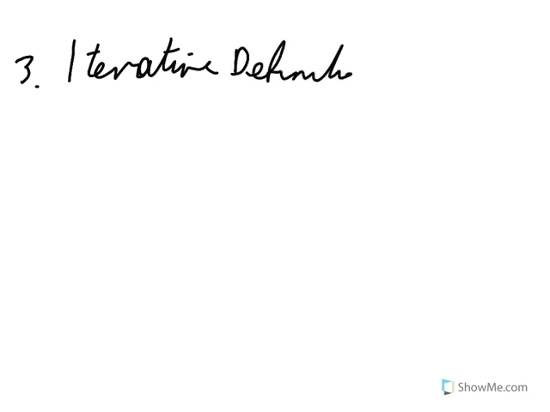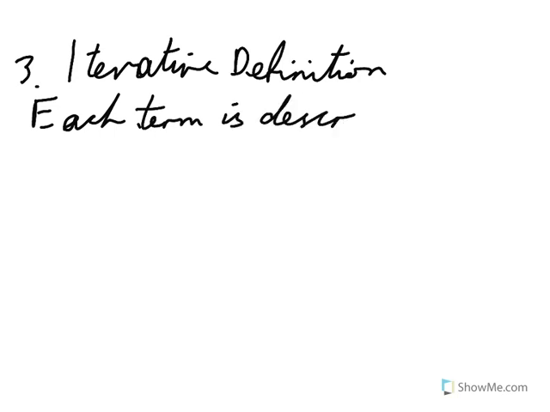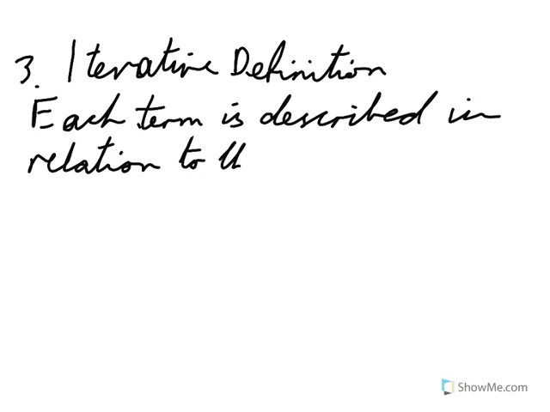The third way that we can describe them is what's called an iterative definition. So each term is described in relation to the term before.